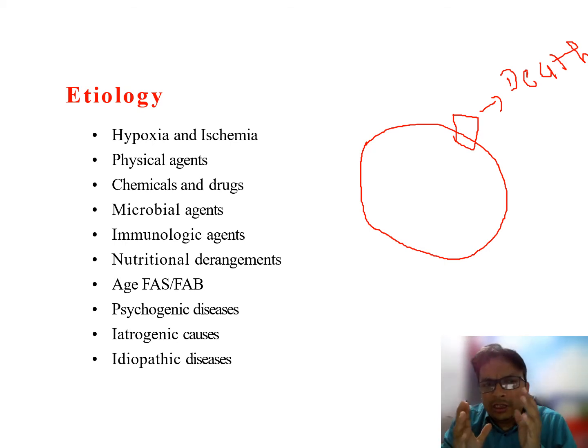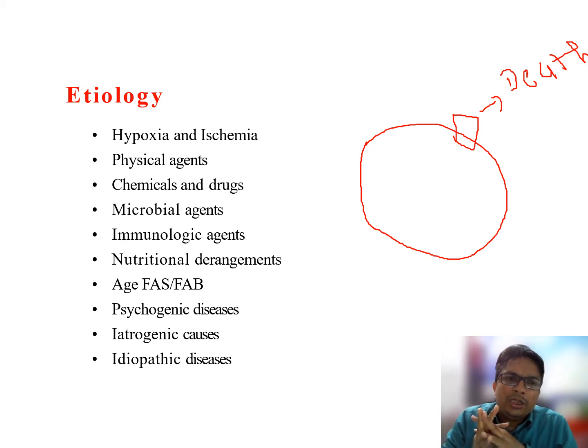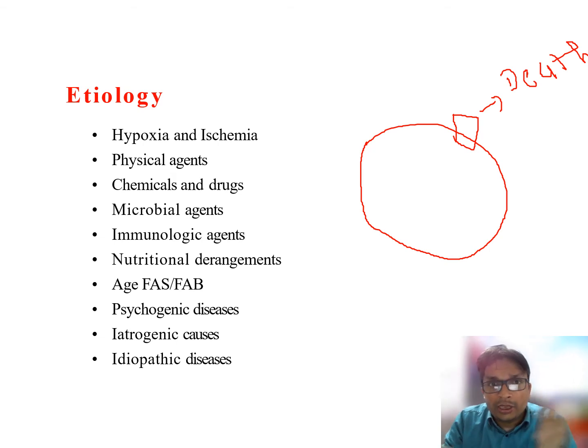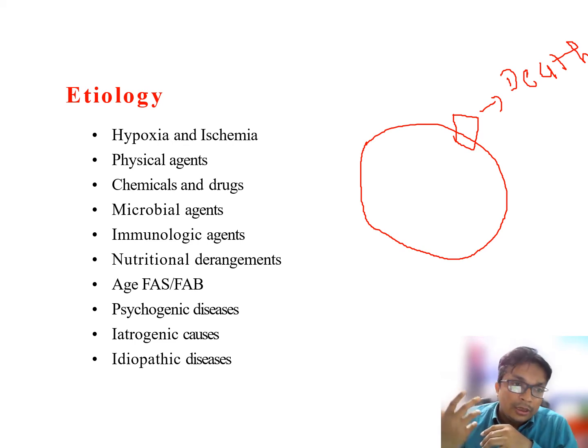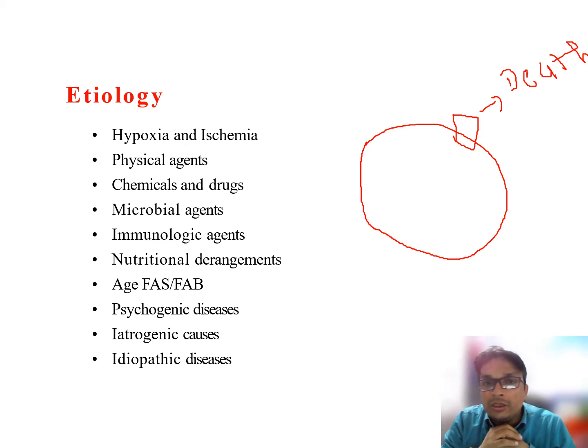This kind of physician-induced cellular injury can occur during an operation, or when a doctor or hospital person inserts a catheter into the urethra of the patient. Any sort of cellular injury can occur, like when an operation is done by the doctors, they have to make a cut to do the operation. So all that comes under the iatrogenic causes of cellular injury.